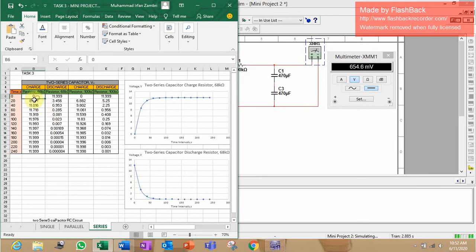Here, after 20 seconds, the voltage increases rapidly until 8.571 volt, and it will keep increasing until 240 seconds. Even after 160 seconds, the voltage starts to show the steady state period.